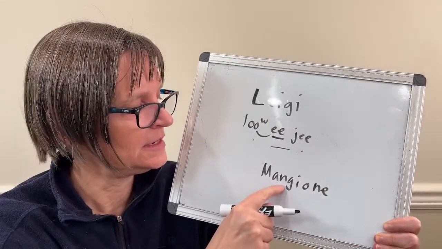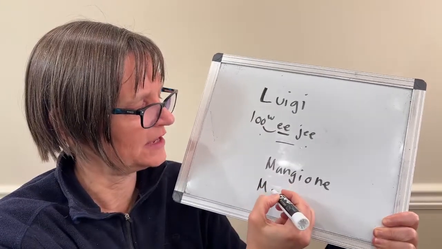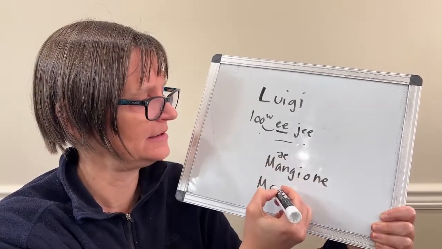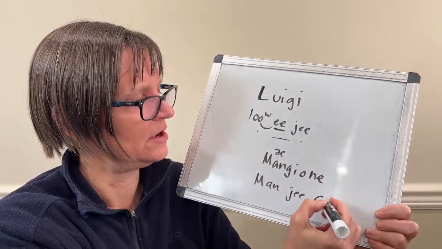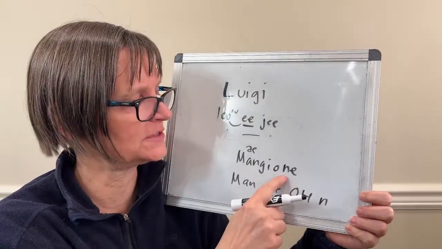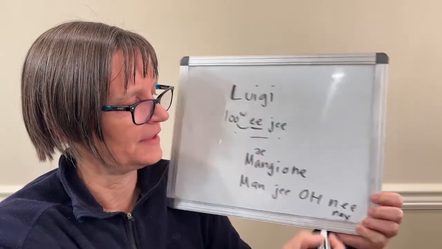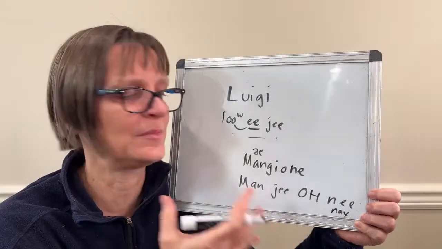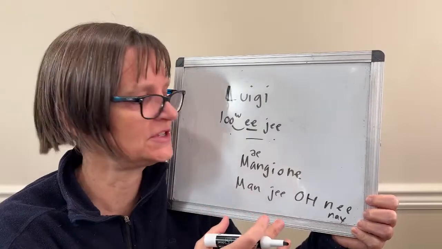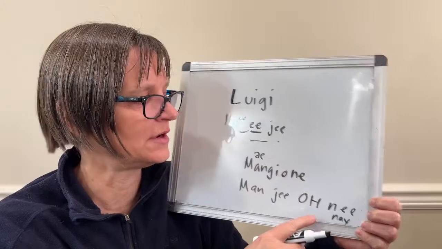So it would be a N sound and a J sound. Probably in American English, it's either going to be mon or maybe even man, maybe the A vowel, man, G, O. And then here we can either anticipate that Americans will say ni, Mangione, or Mangione. So it kind of depends on that particular family and how connected they are to the Italian pronunciation of it. So Mangione would be more American, Mangione would be more Italian.